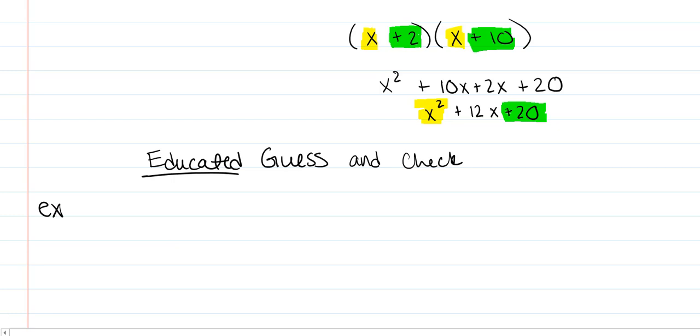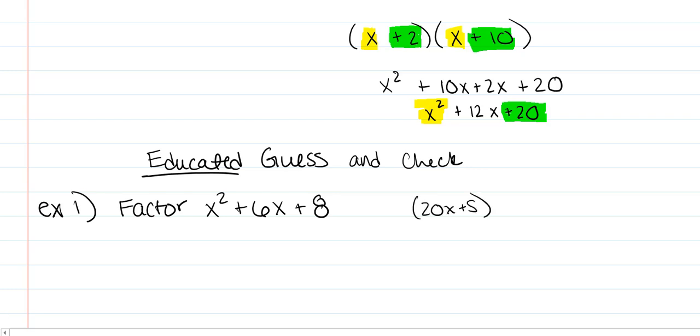If I say, for example, factor x squared plus 6x plus 8, I'm not going to be like, oh, I don't know, 20x plus 5 times 3x minus 10. Where did those numbers come from? That's guessing, but it's not an educated guess. So let's take an educated guess.